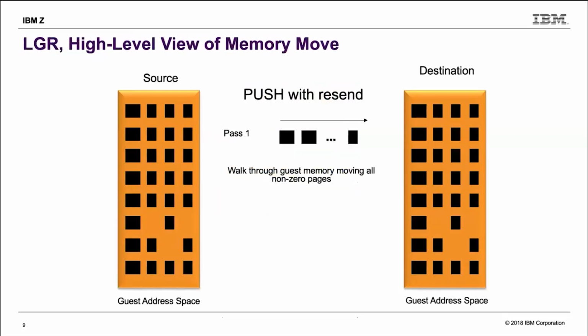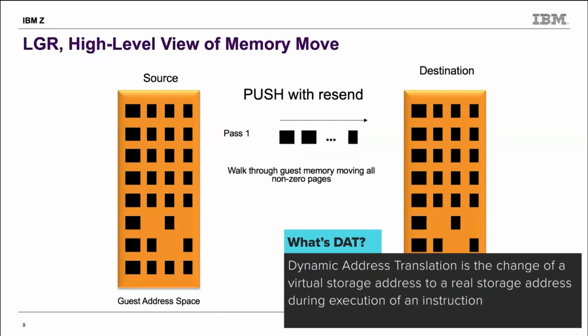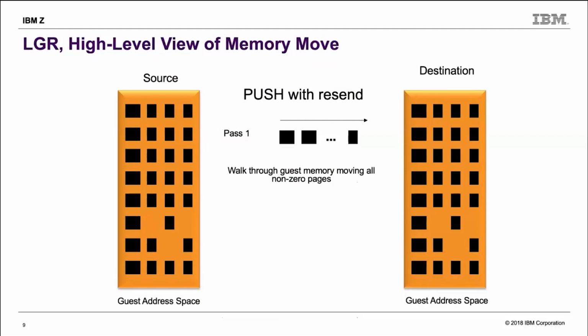So to lift the veil behind the magic a little bit, in order to move our guest memory without the guest knowing it, we need to make a series of passes where each pass is going to push more of the guest memory from the source side DAT structures to the destination side DAT structures, right? So pass one is going to move all of the guest memory to the destination side. That's pretty easy, right?